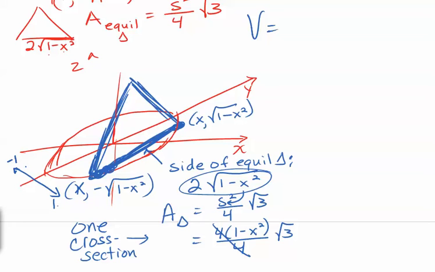But could we use the symmetry of the circle again? Couldn't we definitely go from 0 to 1 and then double? Because every triangle on the positive side has a matching triangle somewhere on the negative side. So symmetry definitely gives us these easier limits of 0 and 1.